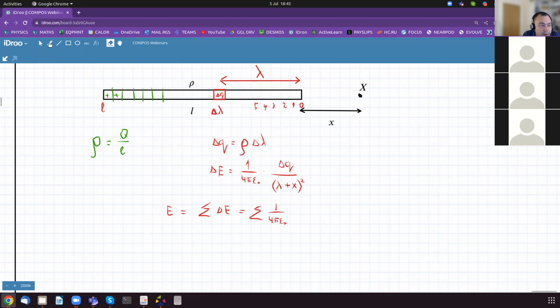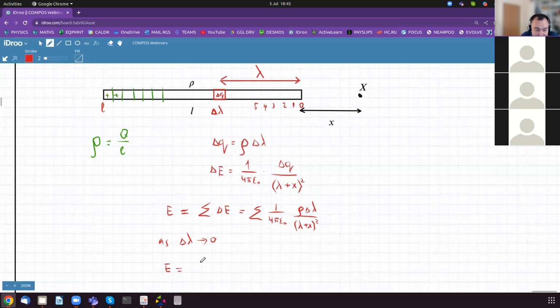And delta Q is rho delta lambda. So it's going to be rho delta lambda divided by lambda plus x squared. And we know that as delta lambda tends to 0, this becomes E. So E is approximately equal to that.